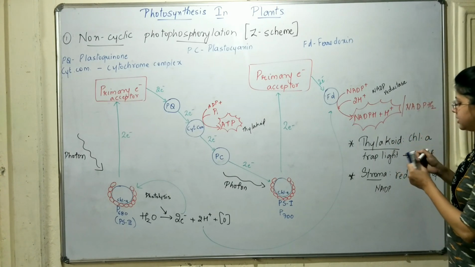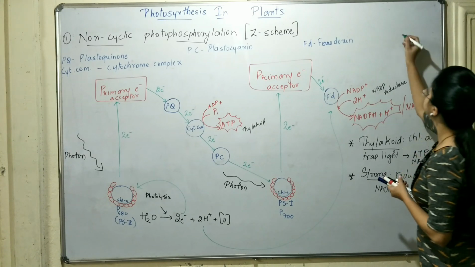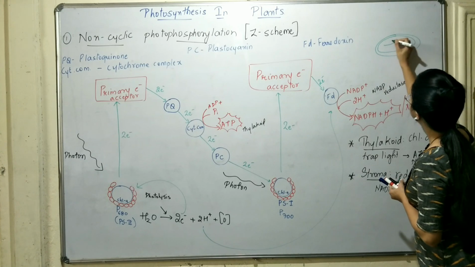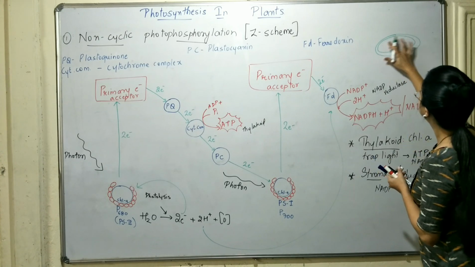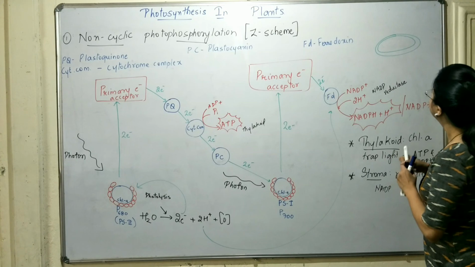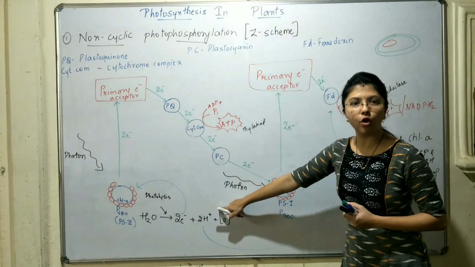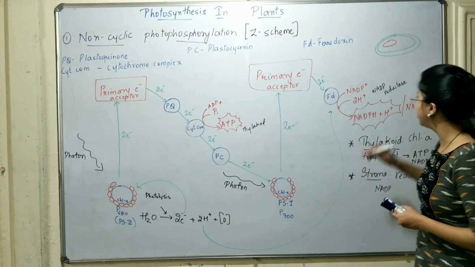So if I draw a diagram here for the chloroplast, the double membrane structure, here there is the grana. Okay, this is the thylakoid. So within the thylakoid, the splitting of water molecule as well as the transfer of electron is taking place.